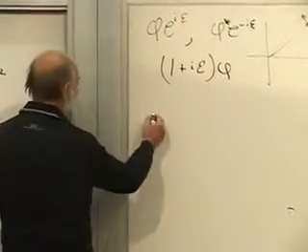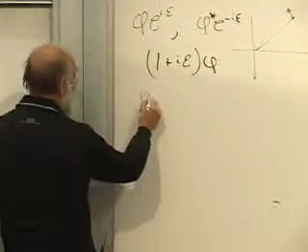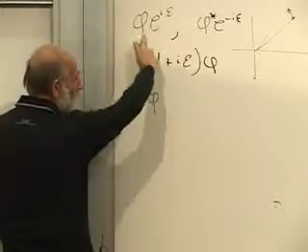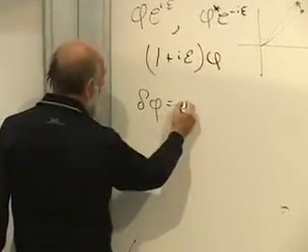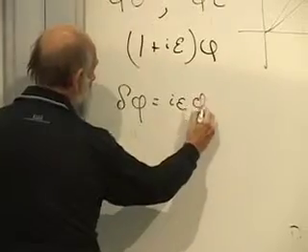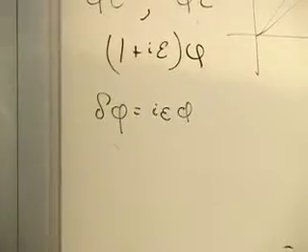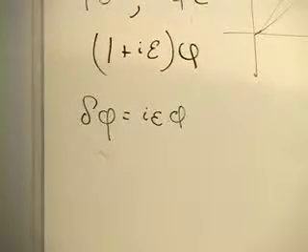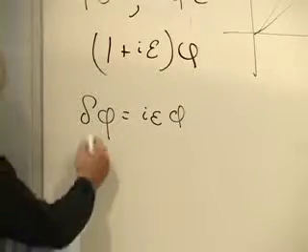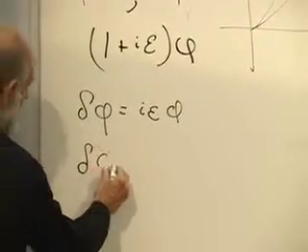In other words, you can write that the change in phi under this kind of transformation is i epsilon times phi. Right. What is the change in phi star?